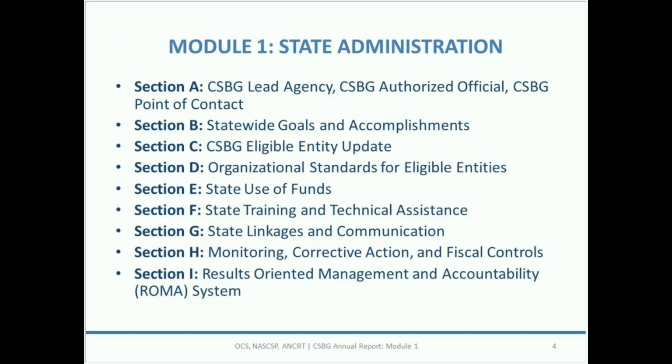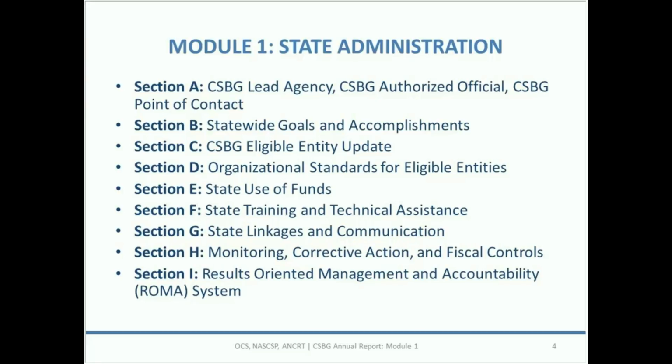Hello, this is Jeannie, and I'm going to go over all the elements included in the administration module very quickly. An important thing to remember is that it crosswalks significantly with the CSBG state plan.